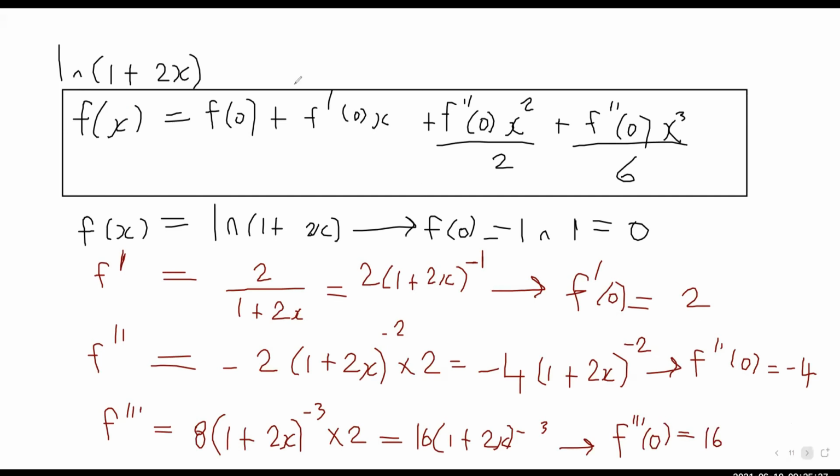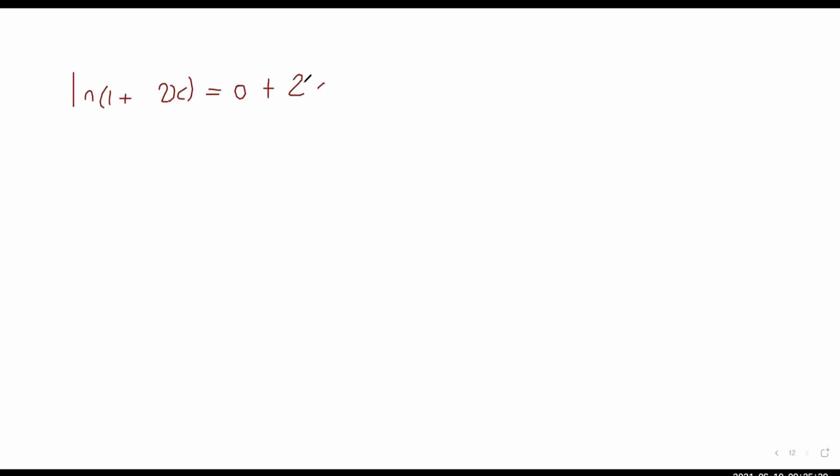So that is now 2x, plus f double prime, which was negative 4, x squared over 2 factorial, which is over 2, plus f triple prime, which we found to be 16, x cubed over 6.